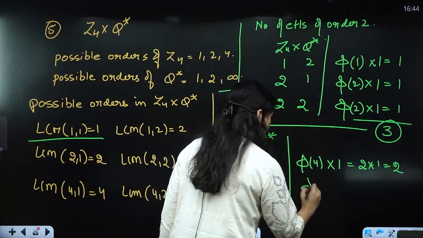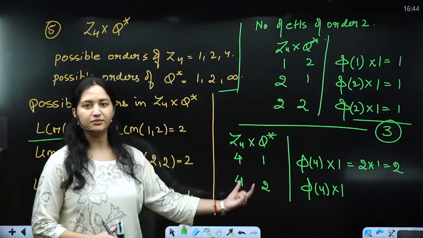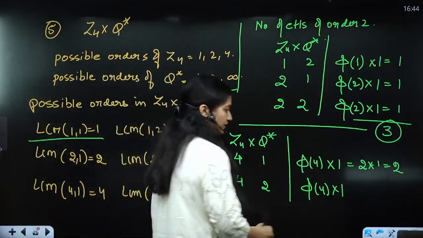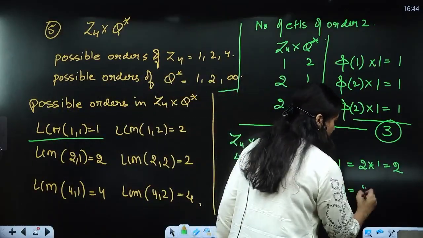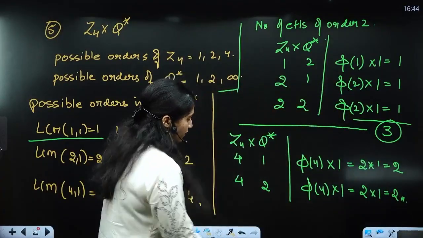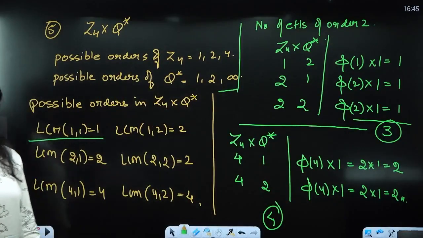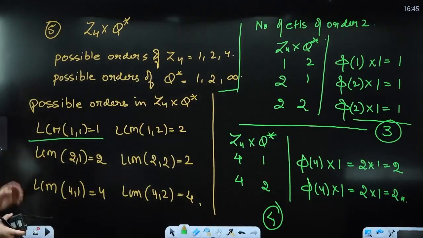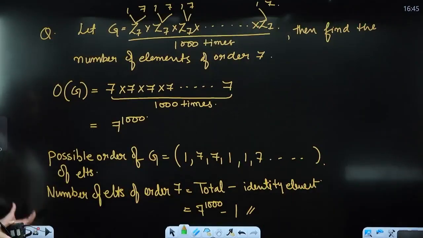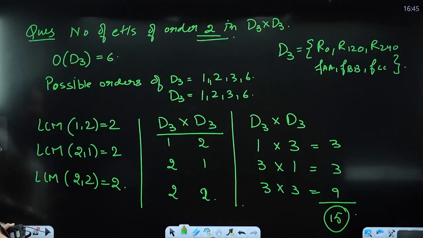Then phi of 4 again into 1. Here, in a hurry, we sometimes write just 2, so be very careful of that. So here it is going to be 2 into 1. So a total of 4 elements are there of order 4 in Z4 cross Q star, right? Now this was just to give you an idea of how the composition of groups works, okay?